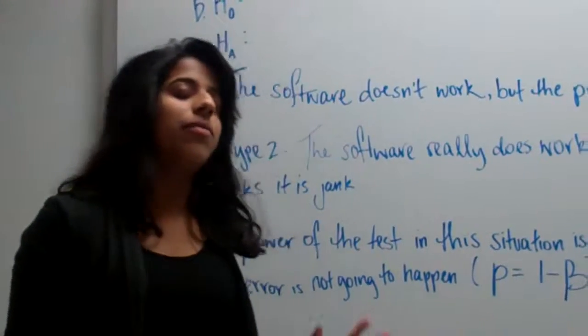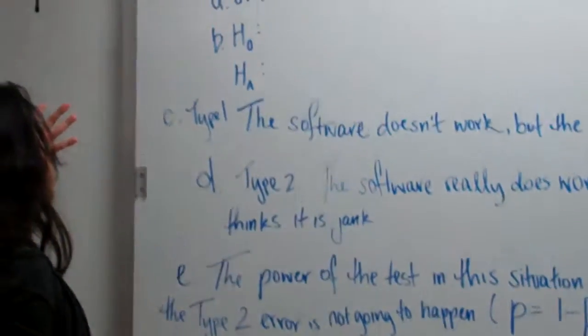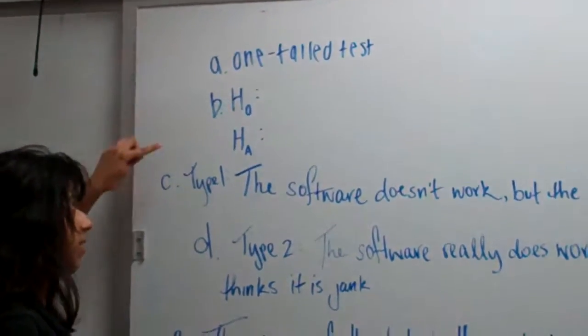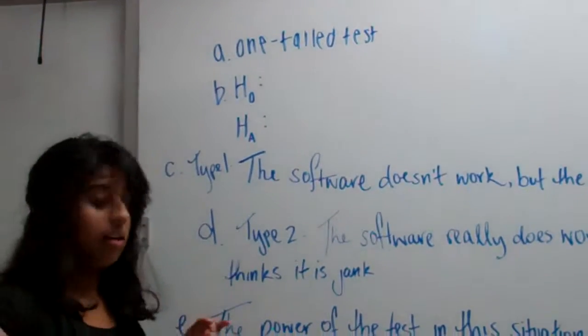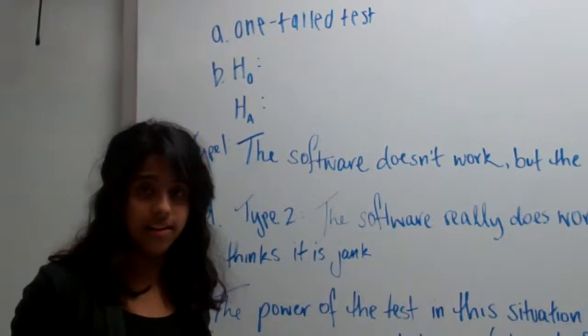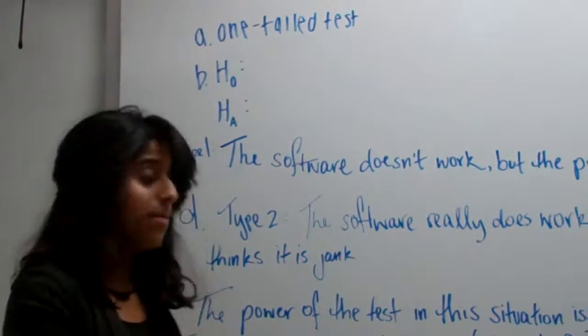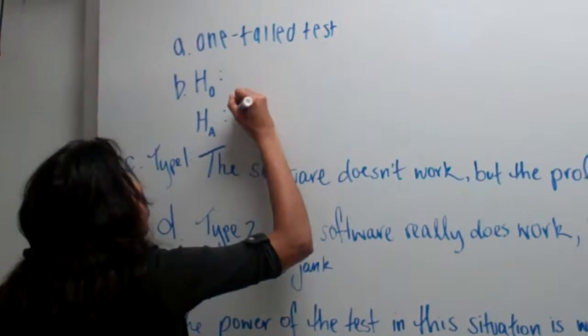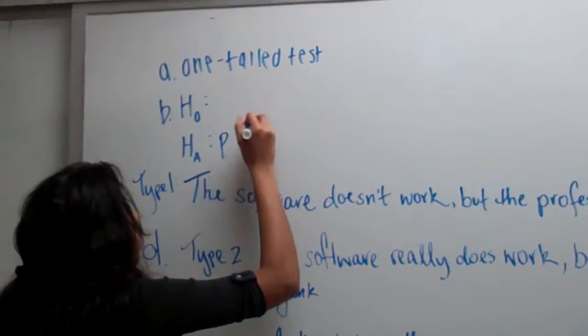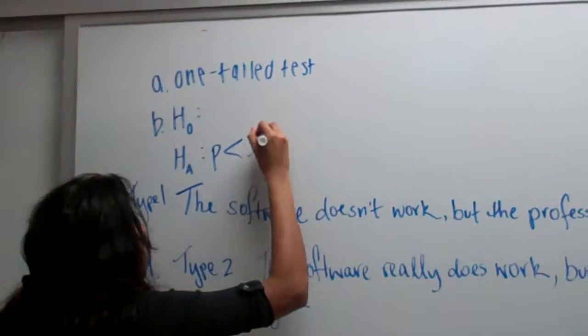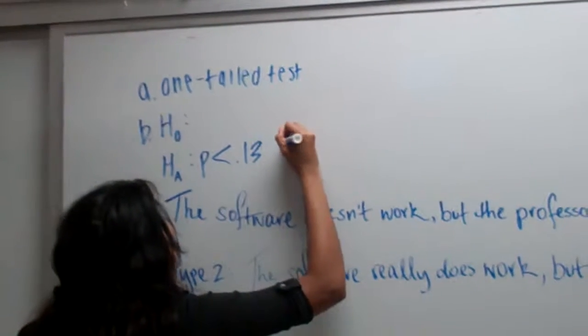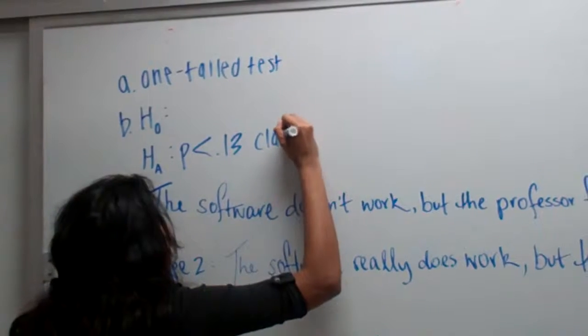Alright guys, so before we do anything else, you probably want to write out the null and alternative hypotheses. I'm going to start with the alternative hypothesis because this is the claim in this case. So, P is less than 0.13, and this is our claim.